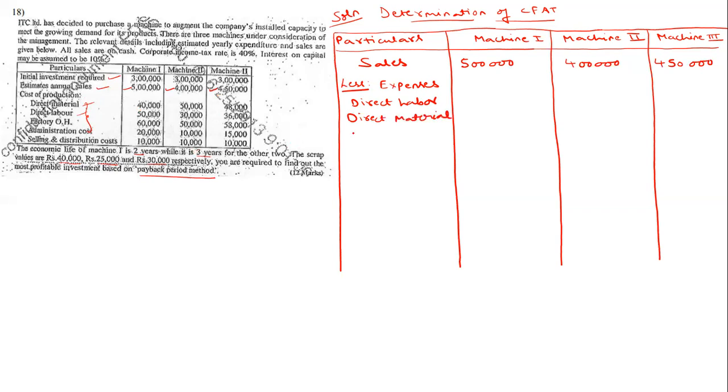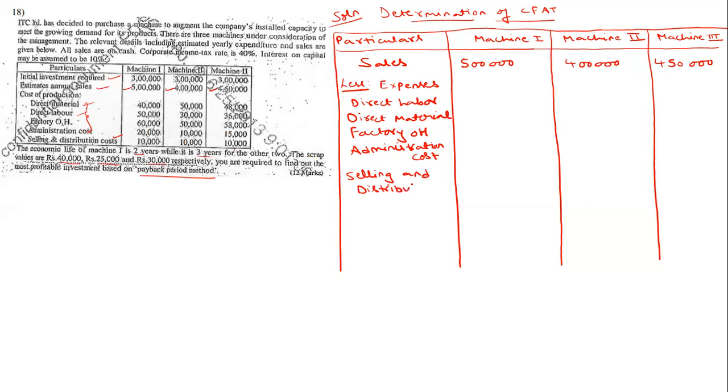Then you have factory overhead. From the question, administration cost is also an expense which you will have to deduct, so I'll be writing the administration cost. And then I'll also be taking the selling and distribution cost, which happens to be an expense.